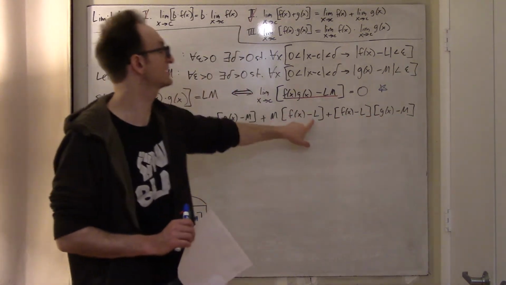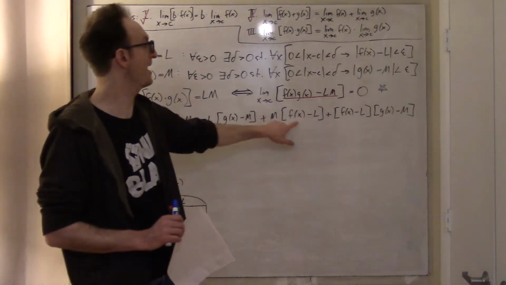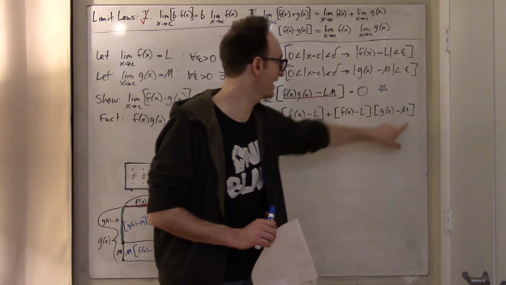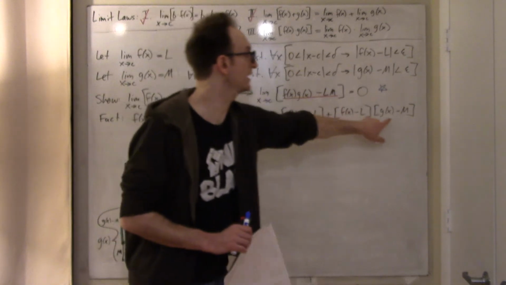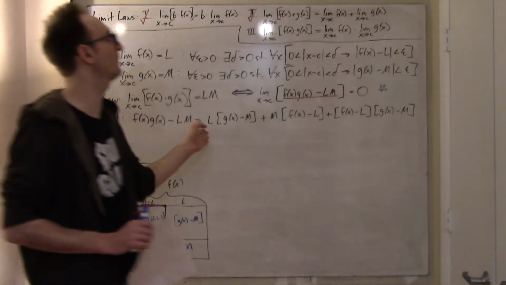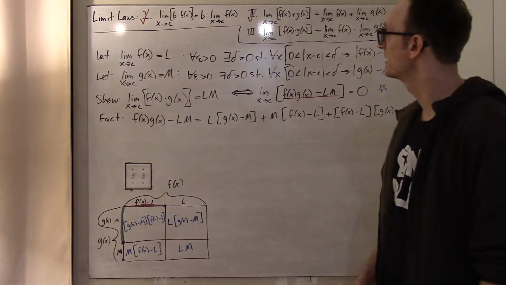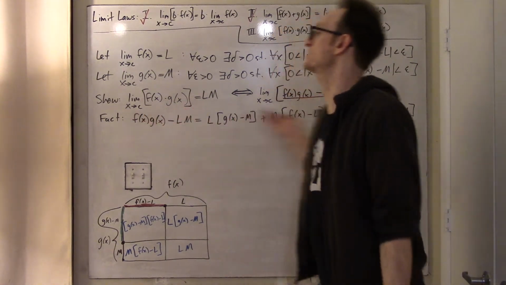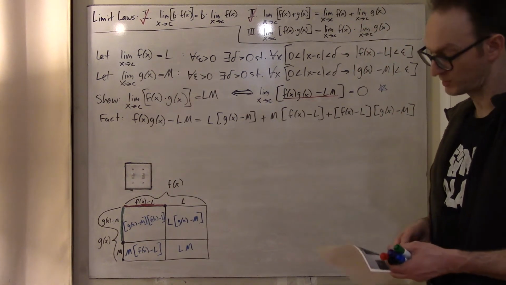So minus Lm plus Lm leads to a minus Lm. And then we get an mf, but that gets canceled out by a minus fm. And then of course I get an fg. So I think I've just shown you that if you multiply out the right-hand side, you get the left-hand side. So I use the geometry merely to come up with this crucial algebra fact, which is really going to do all the work.